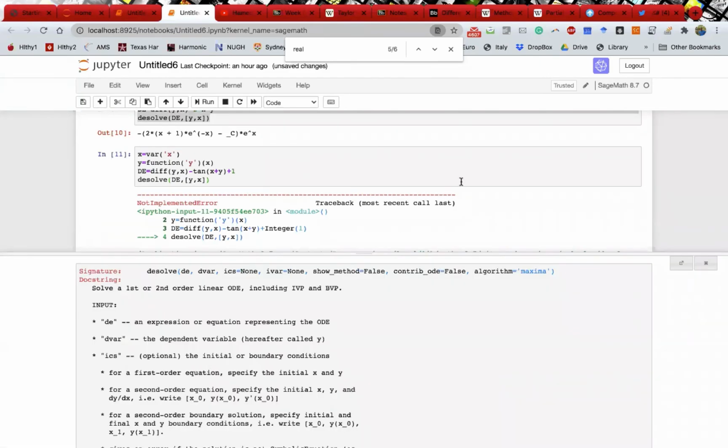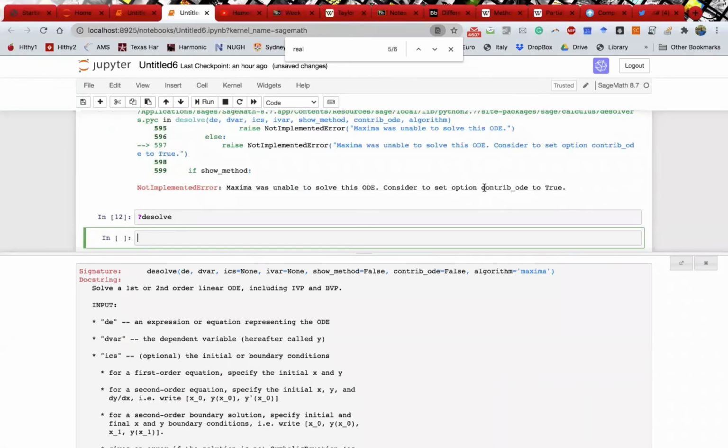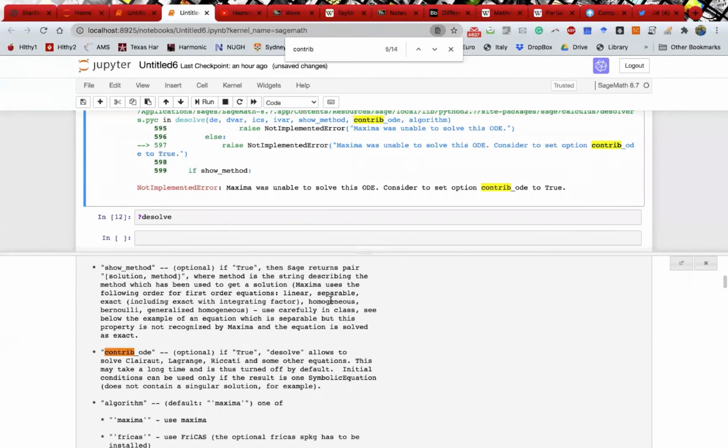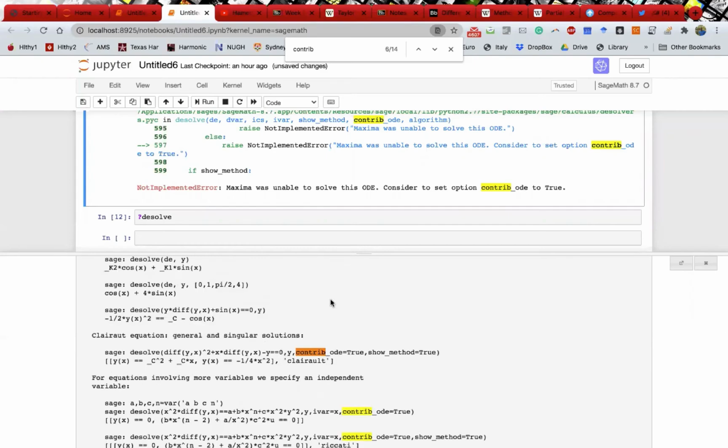So I don't know how to use this one. I would like to know that. Okay. So dE solve, the dE and variables, extra options here. Example for contribute ODE. Okay, this one.